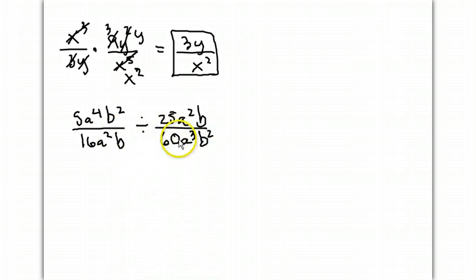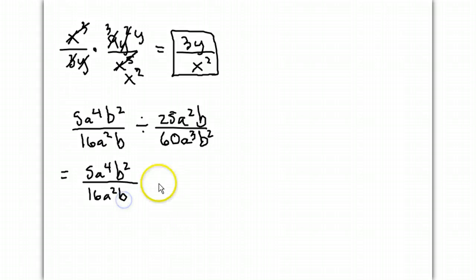When you divide two fractions, you must flip the second and it becomes a multiplication. So this becomes 5a to the fourth b squared over 16a squared b multiplied by 60a to the third b to the second over 25a squared b.